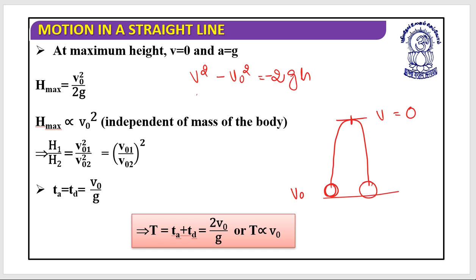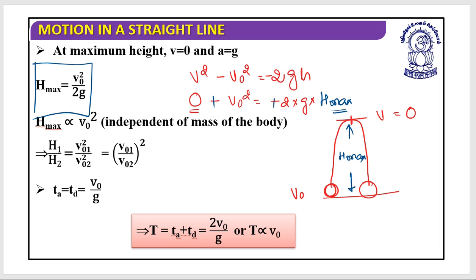I know the final velocity would be 0, so minus v naught square should be equal to minus 2 into g into h. As I have put the final velocity as 0, this height would be h max. So if I solve this, then h max is equal to v naught square by 2g. Please remember this.